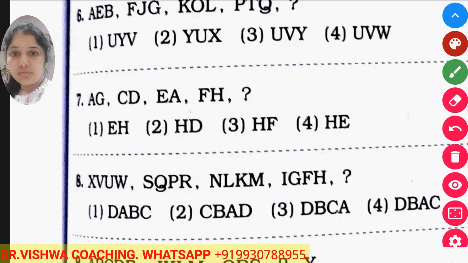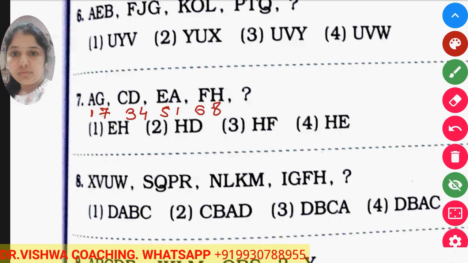Now A and G, C and D, E and A, F and H, give numbering to the alphabet first. A is 1. G is at which position? 7. C is at 3rd position, D is at 4th position, E is at 5th position, A is at 1st position, F is at 6th position and H is at 8th position.